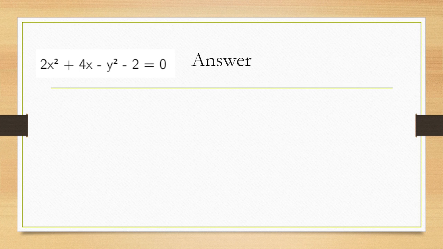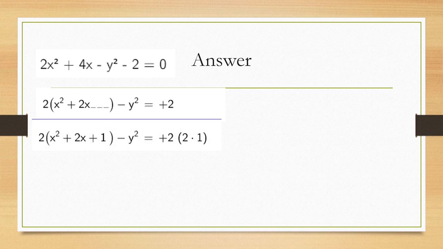In this problem, you have to rewrite the equation, and you can do that by using the complete square method. It starts by moving the minus 2 to the other side of the equation and grouping the 2x squared with the 4x. After you do that, you should divide the inside of the parentheses by 2 and do the complete square.